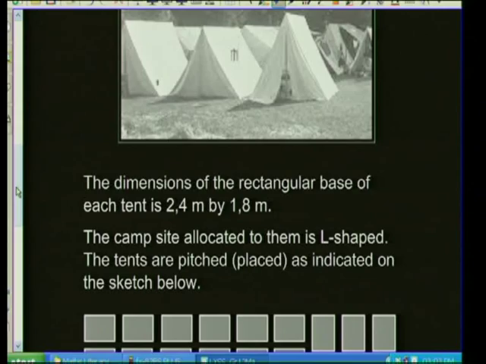The dimensions of the rectangular base of each tent is 2.4 by 1.8 meters. So if we had to draw it, and I always like to draw drawings, that's 2.4 meters by 1.8 meters. Just makes it easier to see if you actually can annotate your diagrams all along.